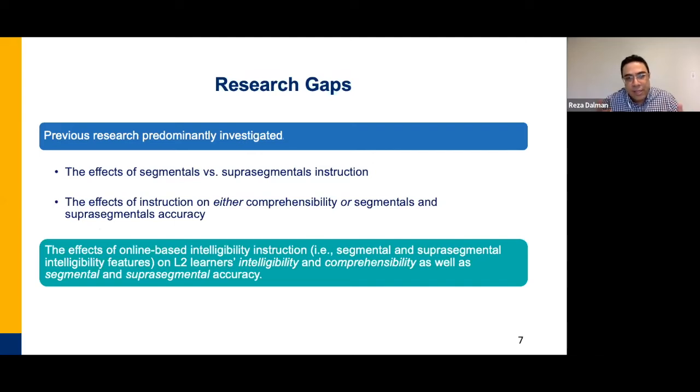The present study investigated to what extent an online-based instruction, which was a combination of segmental and suprasegmental instruction, improved L2 learners' intelligibility and comprehensibility, as well as segmental and suprasegmental accuracy.